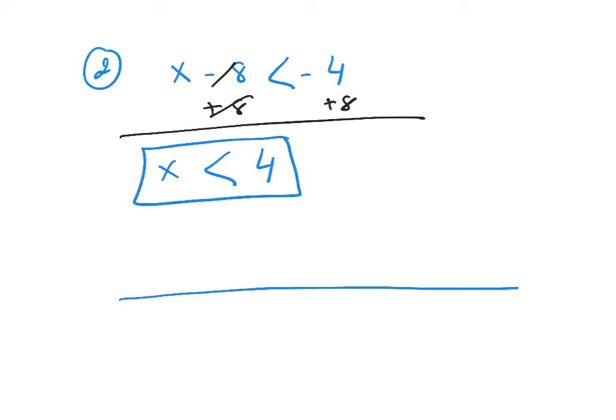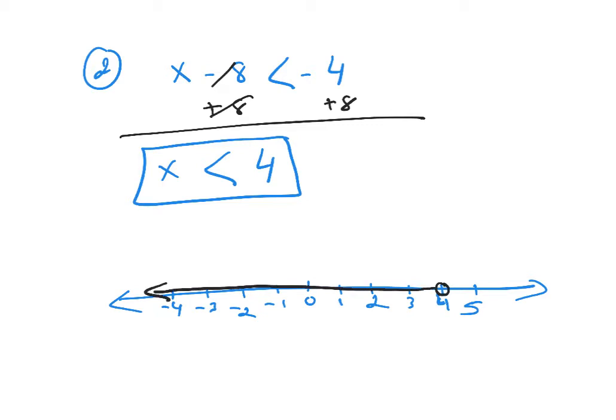If I want to graph this one on a number line, I get, for example, 0, 1, 2, 3, 4, 5, and here I have the negative values, -1, -2, -3, -4, and so on. So we have x less than 4. Instead of a shaded circle, we're going to have an empty circle, which means 4 is not included in the solution set, and it's going to go all the way to negative infinity. Some textbooks have an open circle instead of a closed circle.